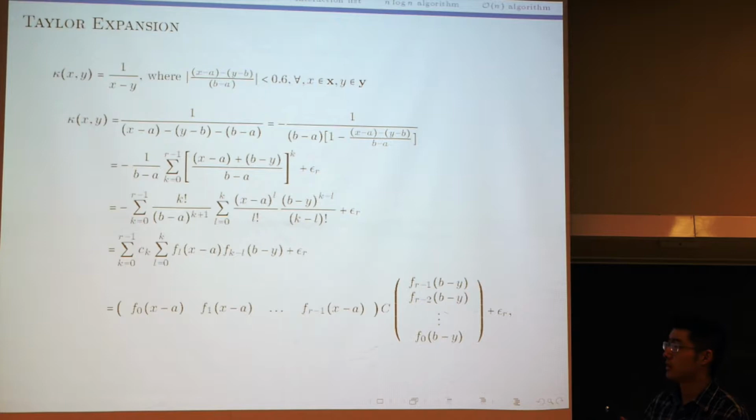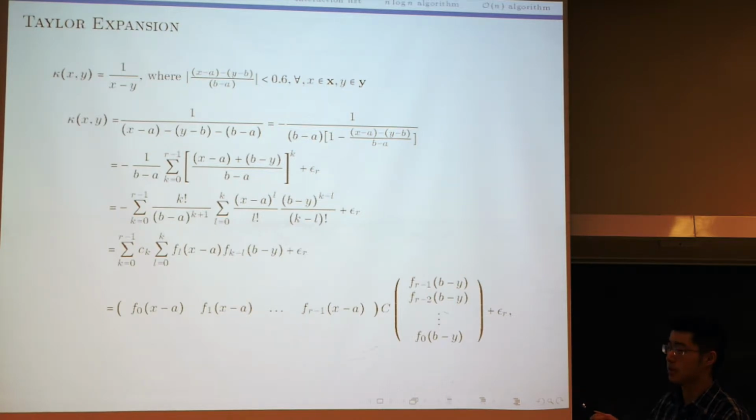We choose the center of each cluster, where A is the center of cluster X and B is the center of Y. And we do this manipulation to produce a function in the form 1 over 1 minus t, where t, by the definition of well separateness, is less than 0.6.